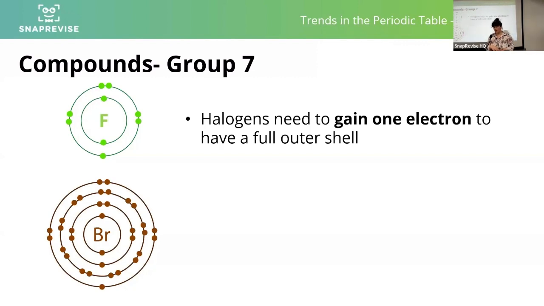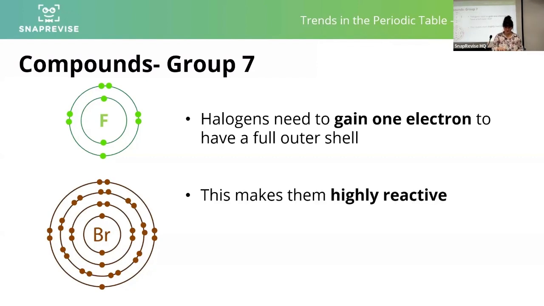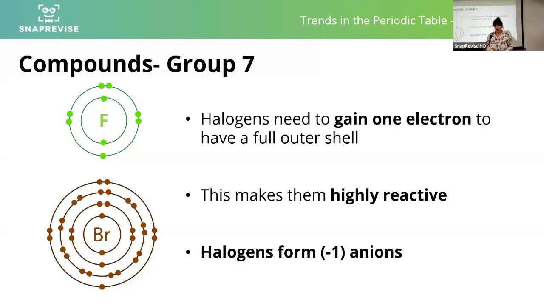So this makes them highly reactive compared to lots of other elements. It's all relative. Halogens therefore form 1- ions, and we call negative ions anions. So they form 1- anions.